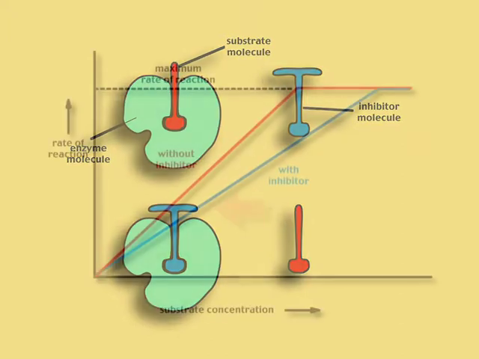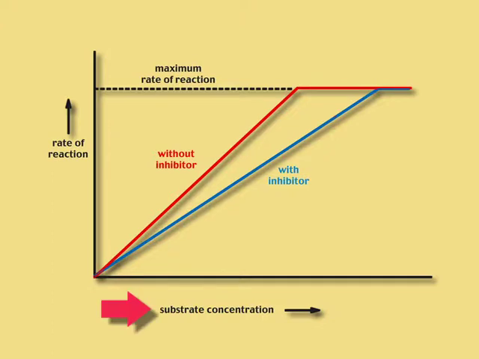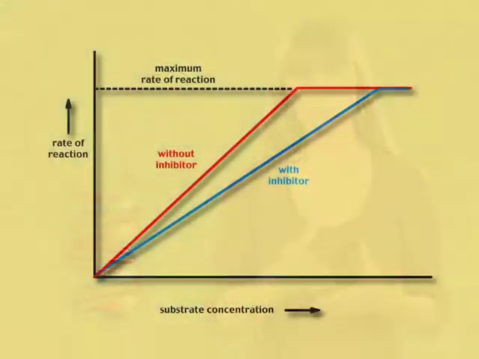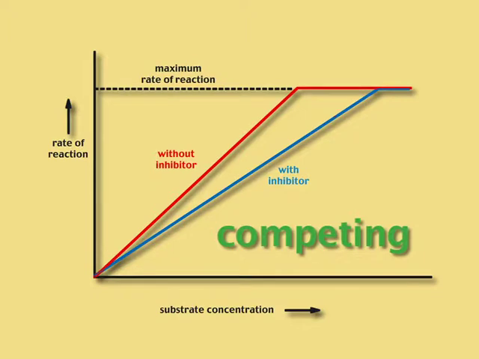If the concentration of substrate is increased, there will be more substrate molecules. This means that the chances of enzyme molecules colliding with substrate molecules will increase and the rate of reaction will increase again. The inhibitor molecules and substrate molecules are competing for the enzyme's active site, but this type of inhibition is not permanent and so is reversible.